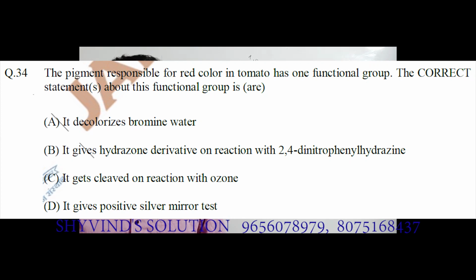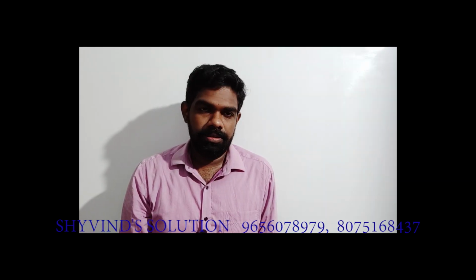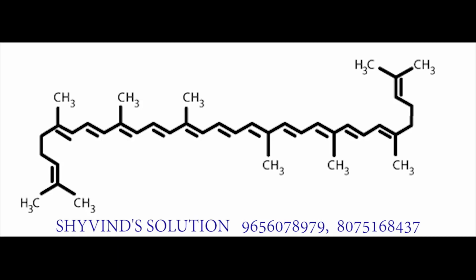Question number 34: the pigment responsible for the red color of tomato has one functional group. The correct statement about the functional group is? Actually, the red coloring agent of tomato is lycopene. The structure of lycopene is like this, you can see on the screen.